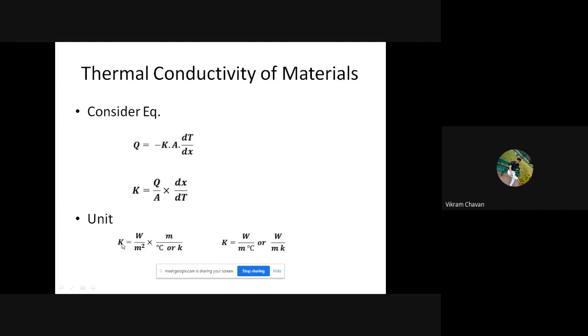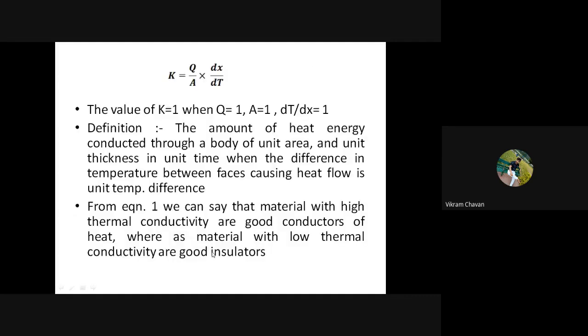So we get the k unit as watt per meter square multiplied by meter divided by degree Celsius or degree Kelvin. So we can use the unit as watt per meter degree Celsius or watt per meter degree Kelvin. Both units you can use. Then we have understood the definition of thermal conductivity.